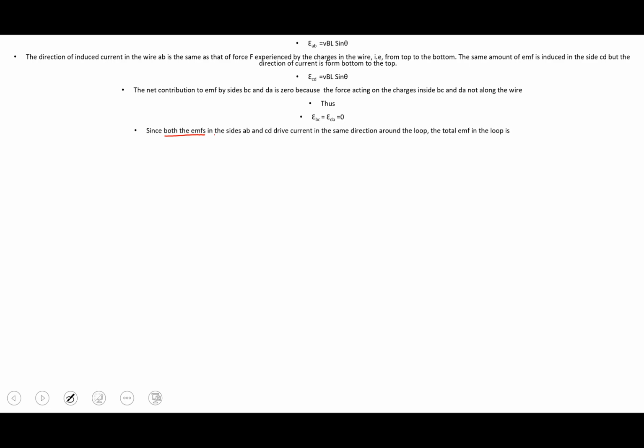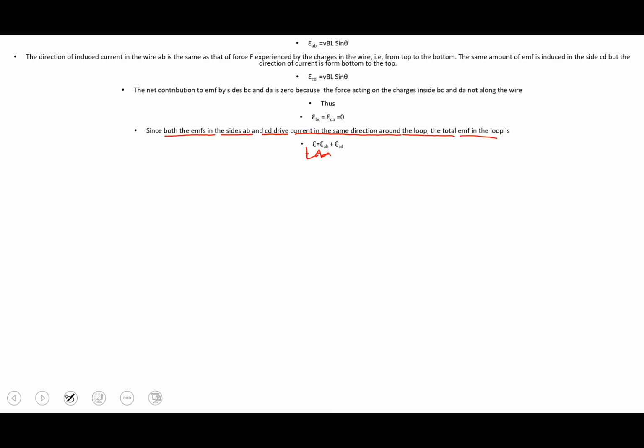Since the EMF of both sides AB and CD drive the current in the same direction around the loop, the total EMF in the loop is, that means we are adding them up. So the total EMF, you can see over here, is E, the EMF of AB plus the EMF of CD.